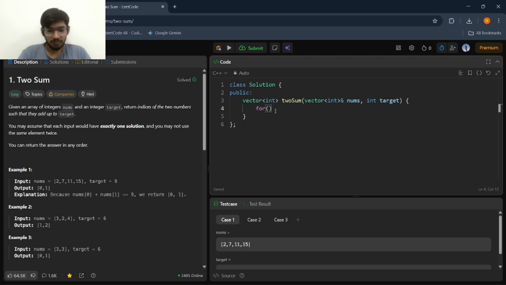For loop: integer i equals 0, i less than nums.size(), i plus plus.